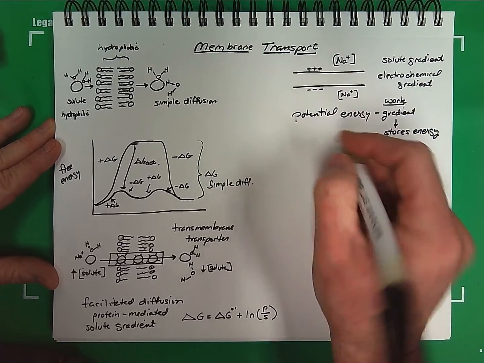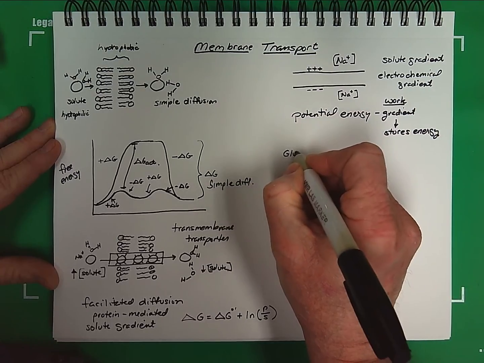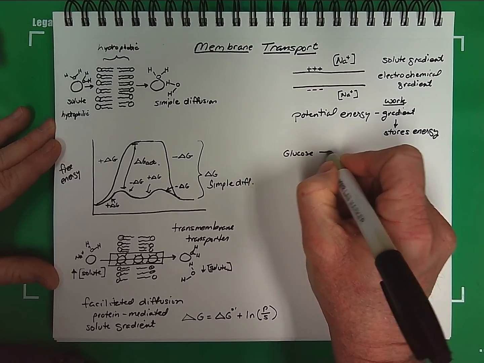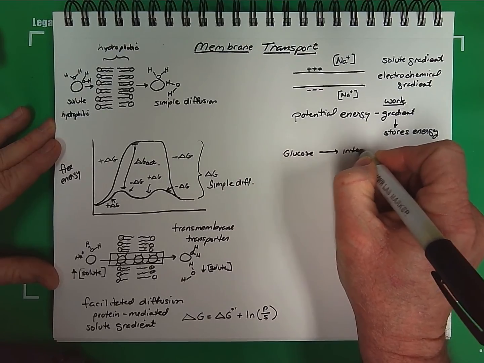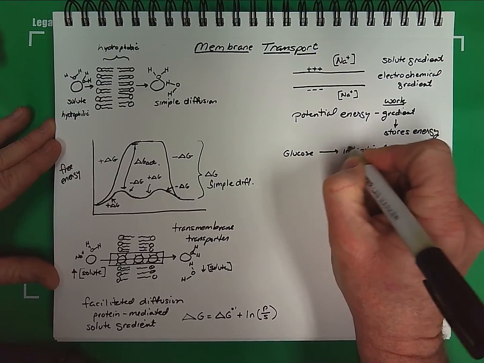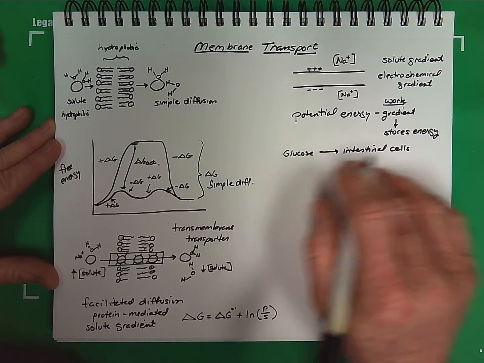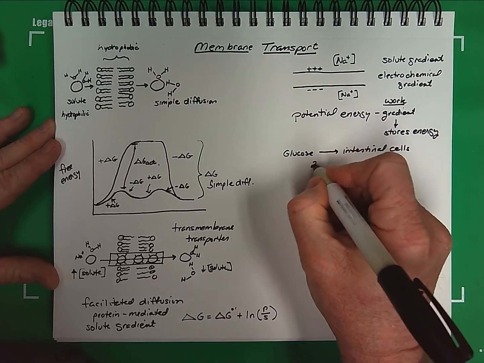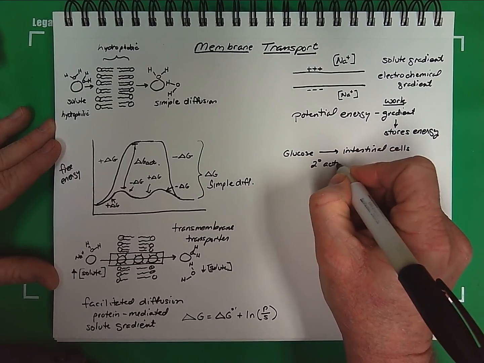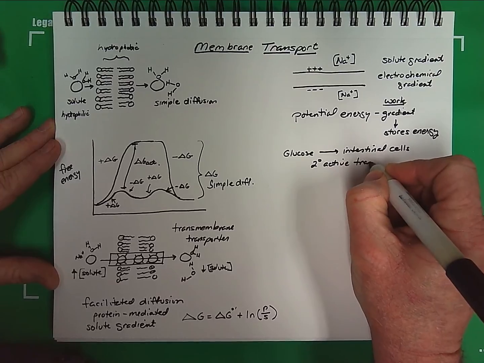We saw this with the entrance of glucose into intestinal cells. This principle is best exemplified by secondary active transport.